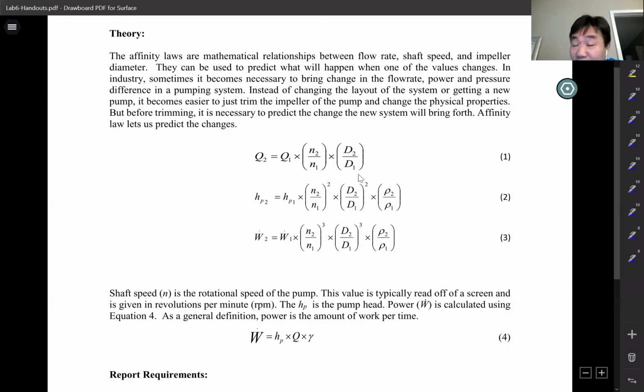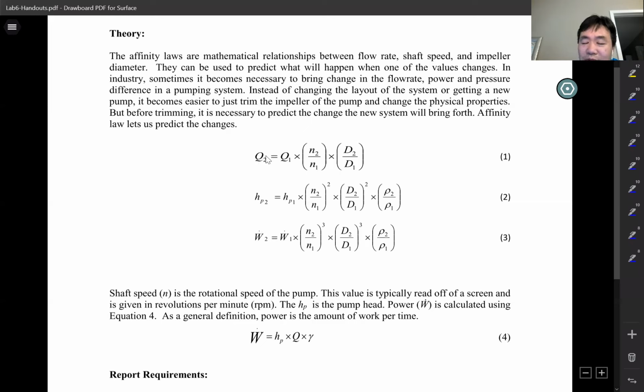This is prediction. Also, HP2 over HP1 will be your RPM ratio squared. So W2 over W1 will be the RPM ratio cubed. That's a prediction. You can also record in the experiment when you set the 2 RPMs. You can record flow rate 2 and flow rate 1, the HP2 and HP1, W2 over W1.